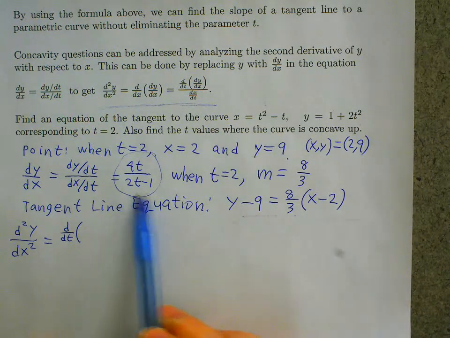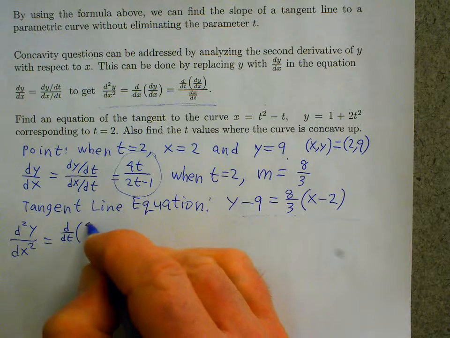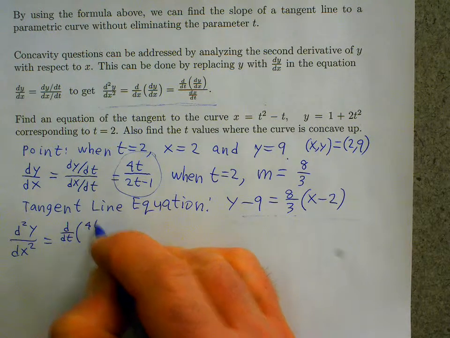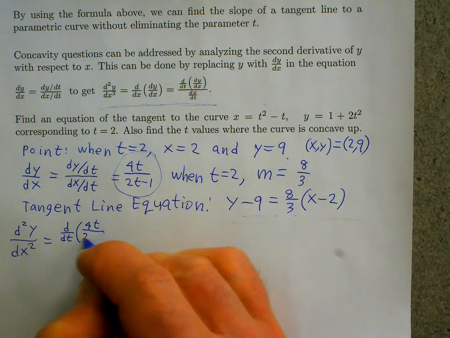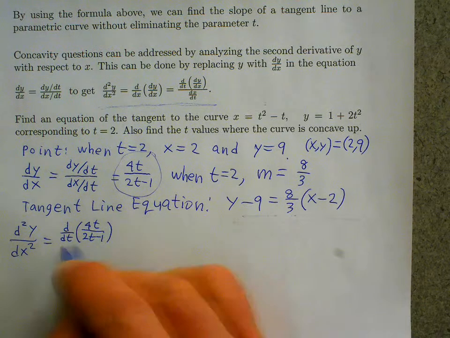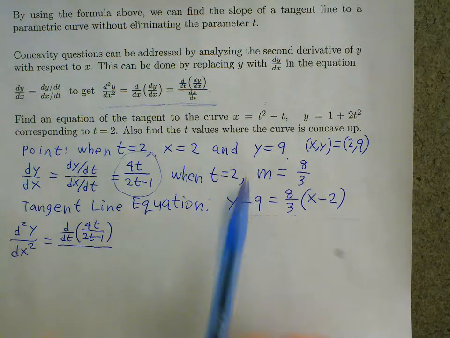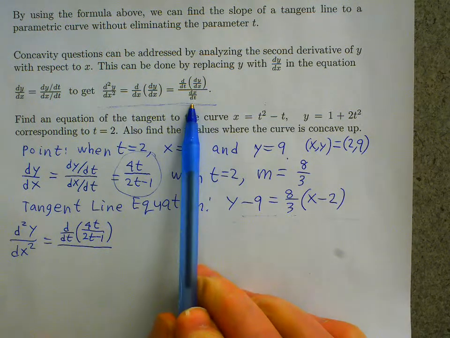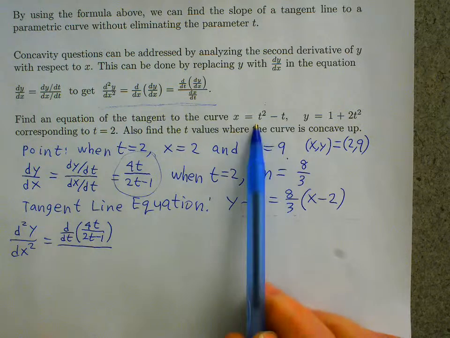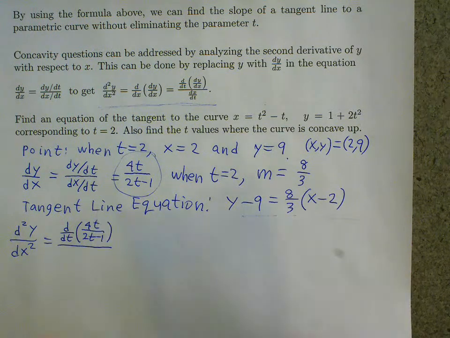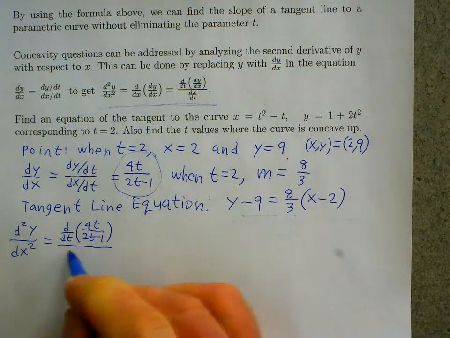But here's our dy/dx, so I'll just write it, 4t over 2t minus 1. And the denominator is the derivative of x with respect to t, which we already found to be 2t minus 1.